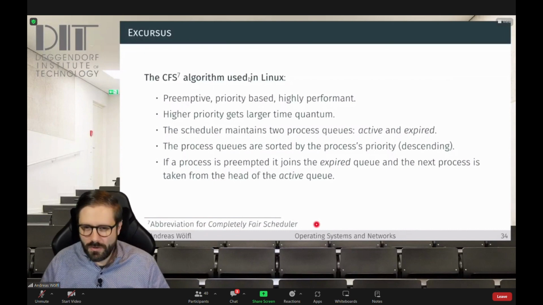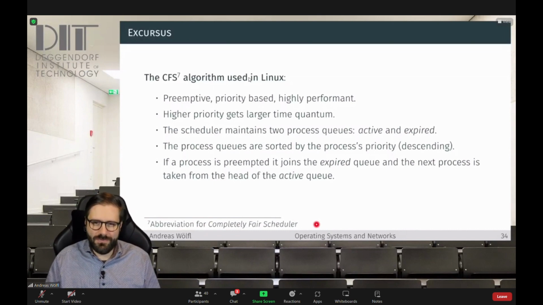And the scheduling works as follows. If a process is preempted because it reached its time quantum, it joins the expired queue, and the next process taken from the head of the active queue is the next process that will be executed on the CPU.